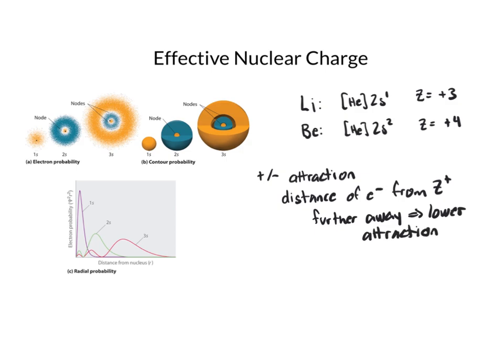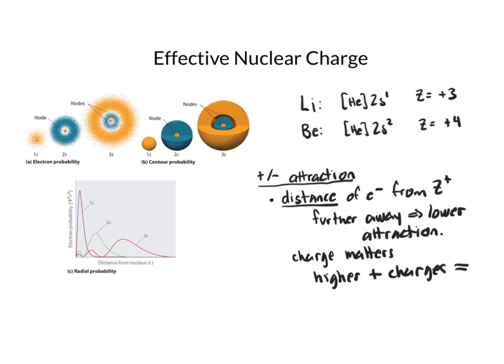The other important thing is that not only distance, but also the positive charge that the electron is being attracted to makes a difference. So the charge matters, and so higher positive charges will attract the electron more strongly.